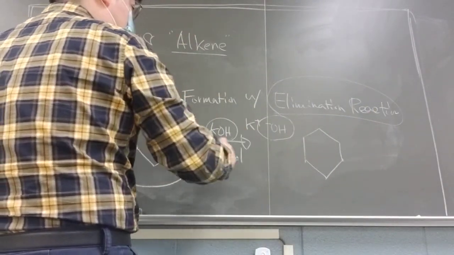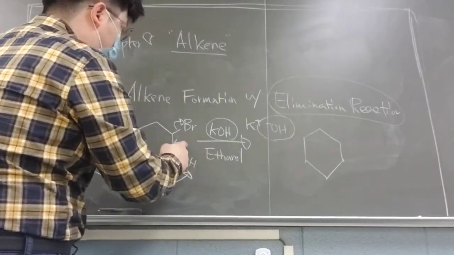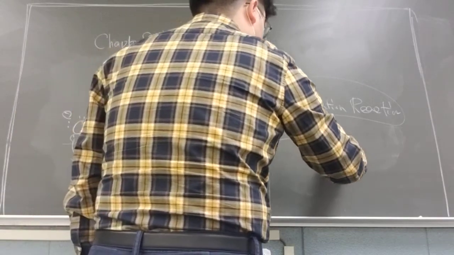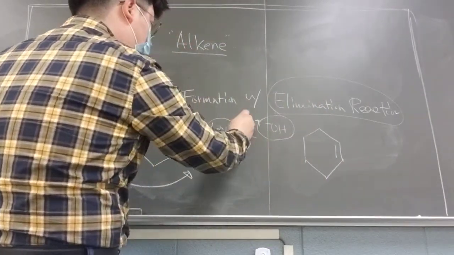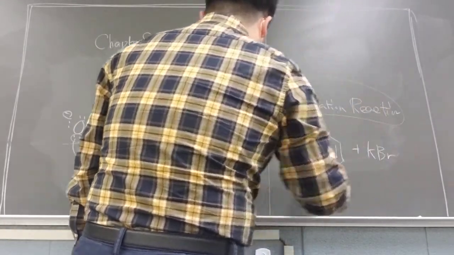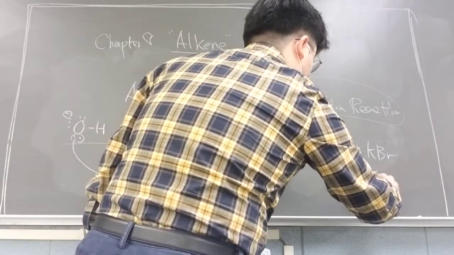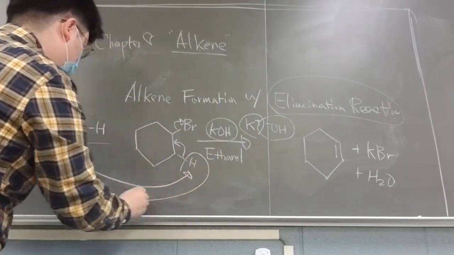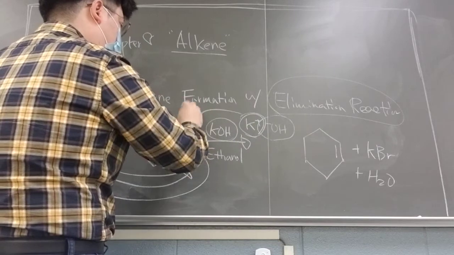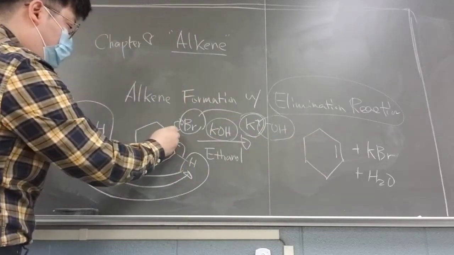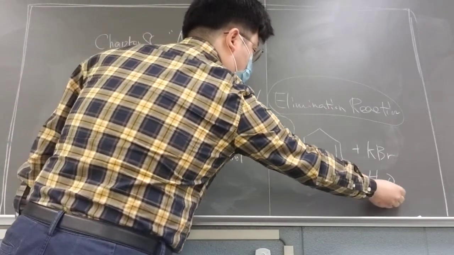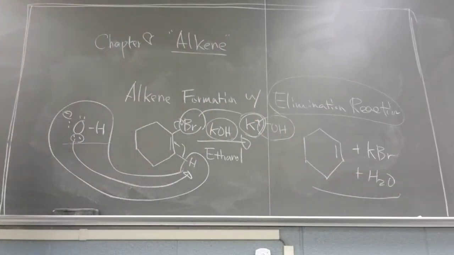In this case, you're going to have this. Does it make sense? And now you have another electron donated here, so it becomes a double bond. Makes sense, right?